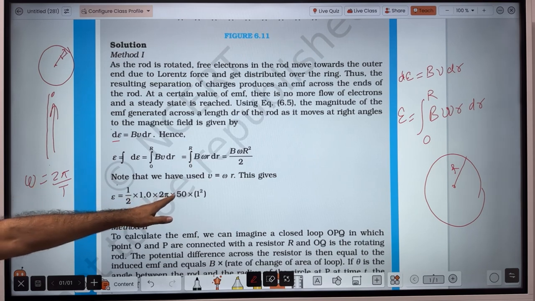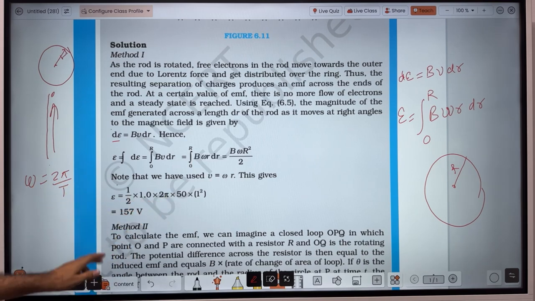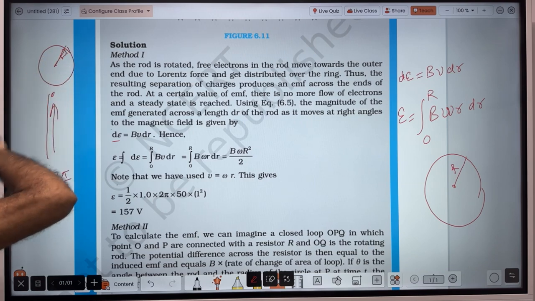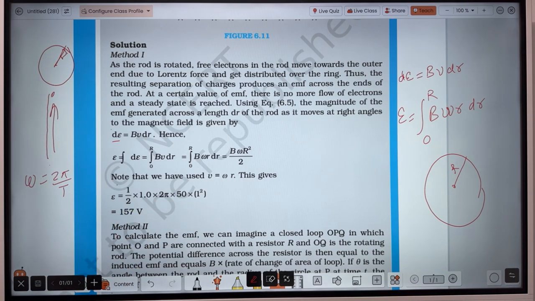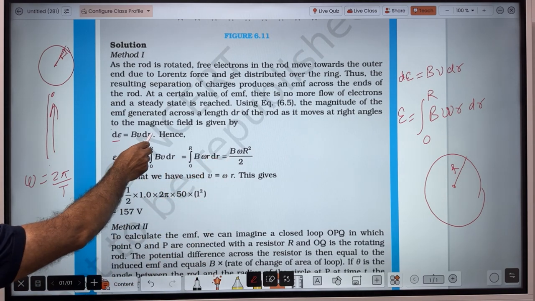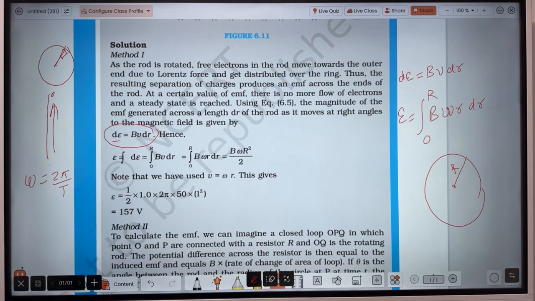So 2 pi into 50, then the radius, the length of the rod, is given as 1 meter, so we put 1, and we get 157 volt. Is it clear? So here, what is problematic? Is this problematic?